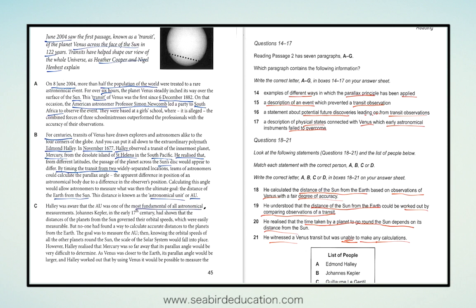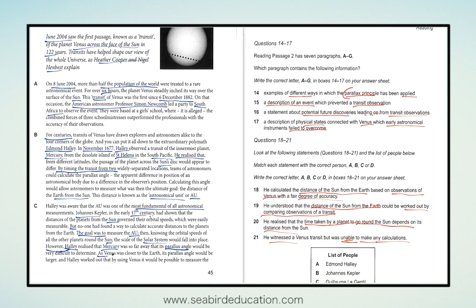Most fundamental of all. Okay, Kepler, 17th century. Sun, but no, the goal was to, it's useful. Sun again, solar system, however, very useful. Halley realized Mercury was. We've got this parallax angle, which is useful because we've seen it up here with this parallax principle.